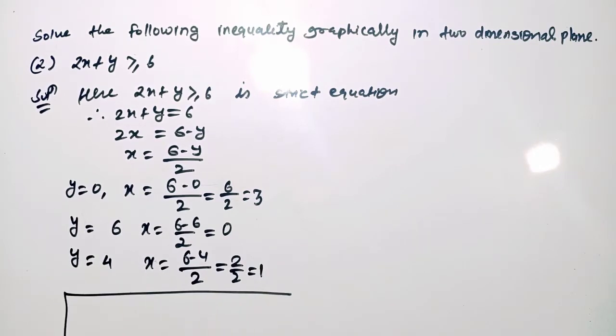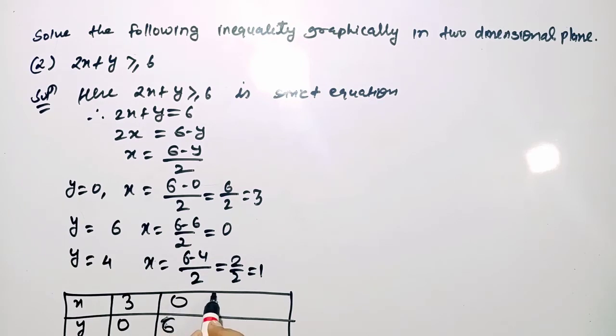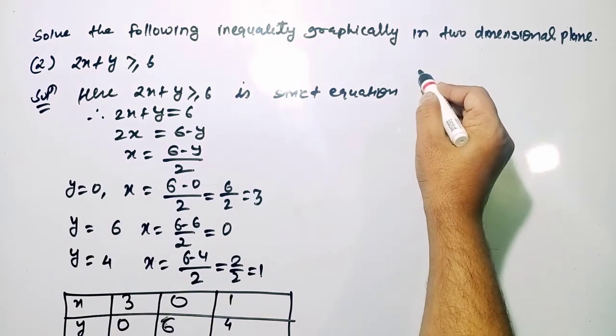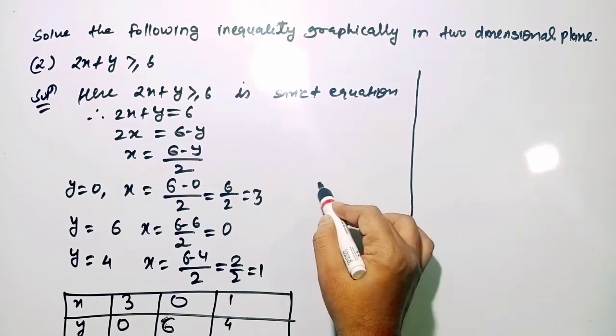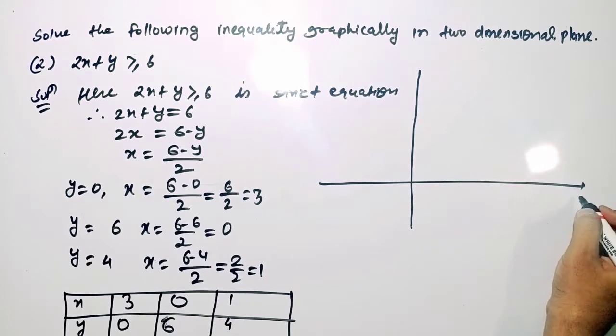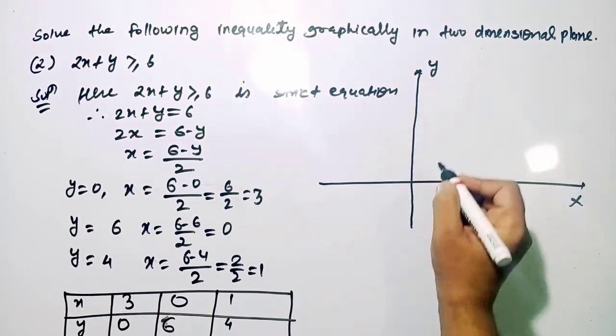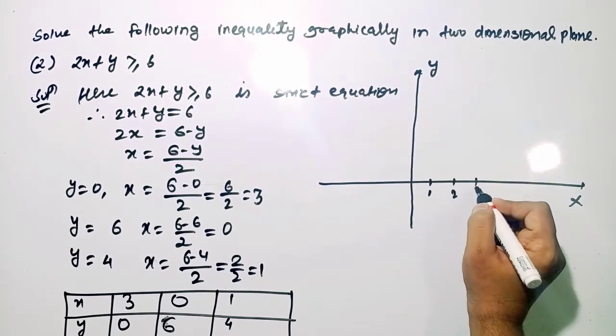Now we will tabulate these coordinate points, right? Here is x and y. Y is 0, x is 3; y is 6, x is 0; this time y is 4, we got x is 1, right students? So again all the coordinate points are positive, so we will plot on the Cartesian plane in the first quadrant.